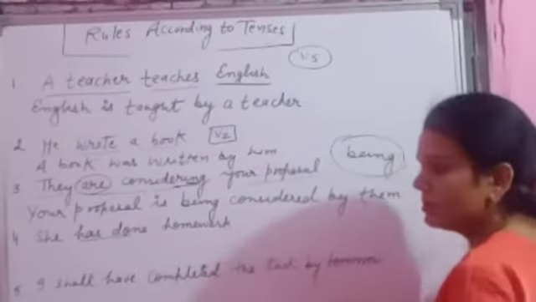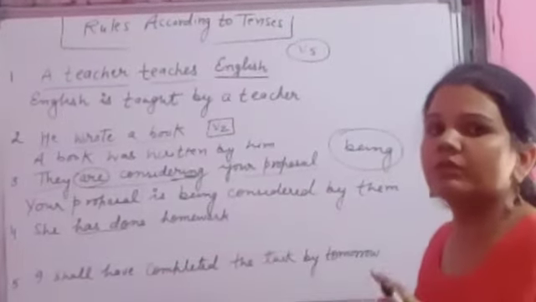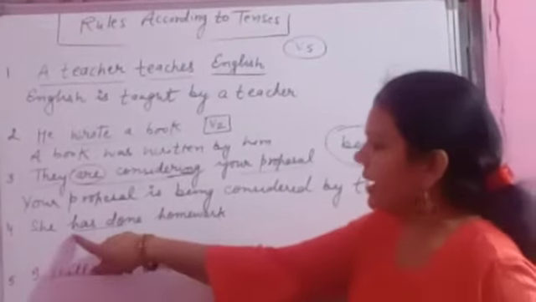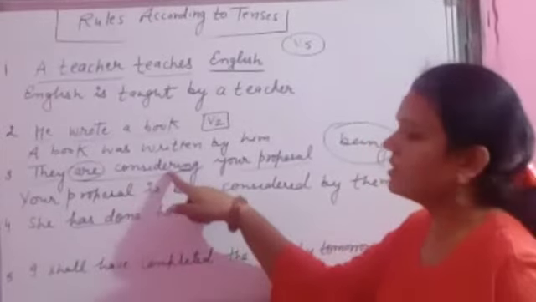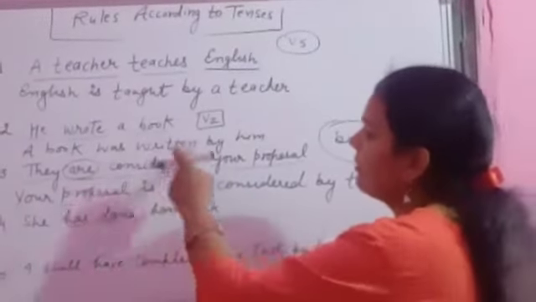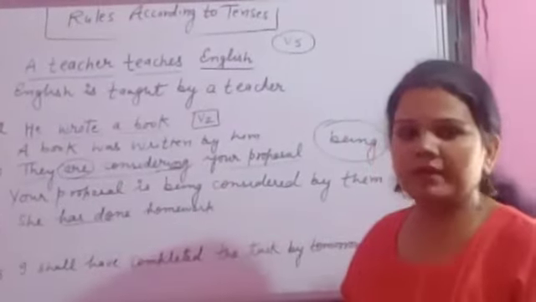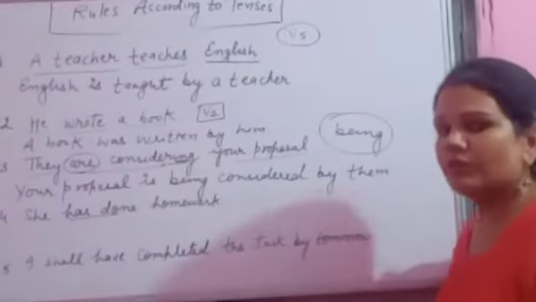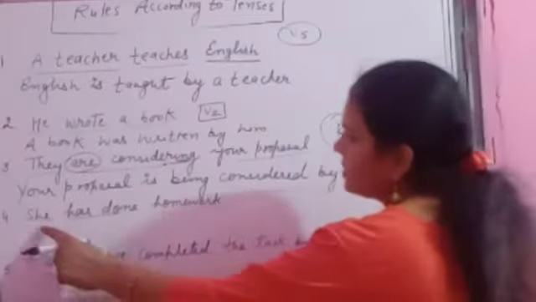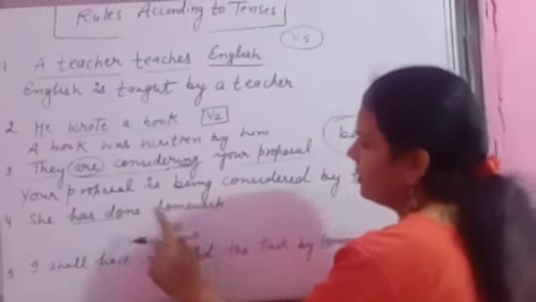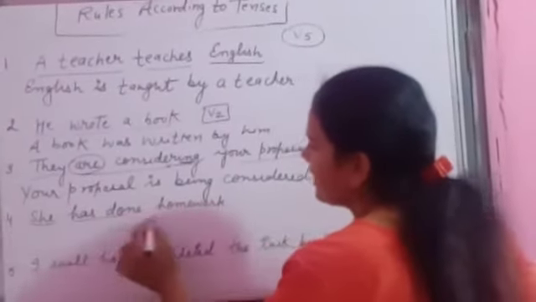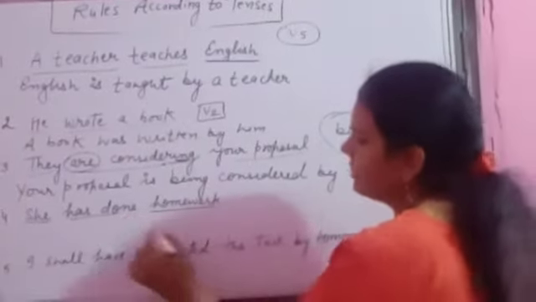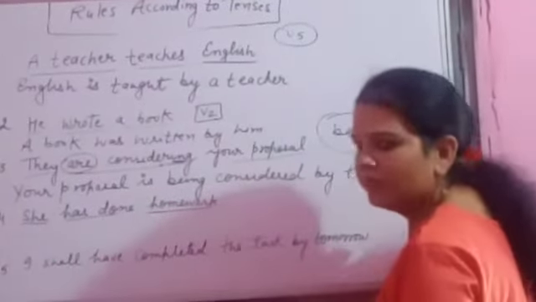Fourth sentence, she has done homework. Dear students, you have to work on the word has. Why? Because you have to identify all these helping verbs and main verbs, then you are able to change them into passive voice. She, subject; homework, object; has done, verb. Clear?